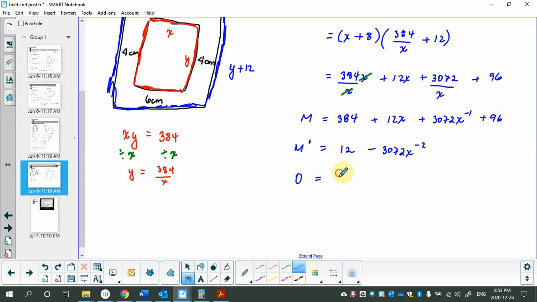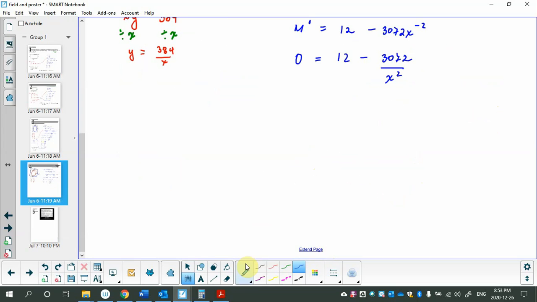Make the derivative equal 0 because that's what you do for all max-min problems. Fix this back up. That's a negative, so I'm going to pull it over here, make it positive. Put this over 1 and cross multiply.